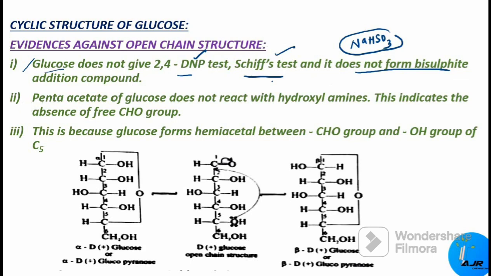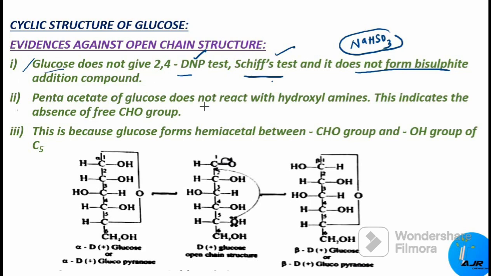So the next evidence is the pentaacetate. Pentaacetate of glucose does not react with hydroxylamine. This indicates the absence of a free CHO group. See here, this is the open chain structure of glucose. When this is treated with acetic anhydride, with 5 molecules of acetic anhydride, we will get the pentaacetate.